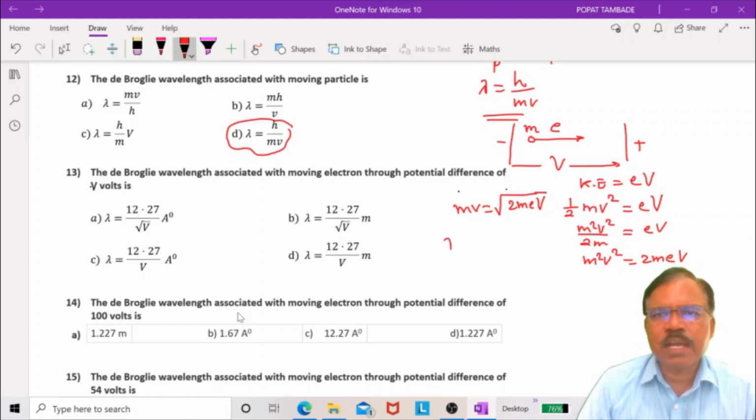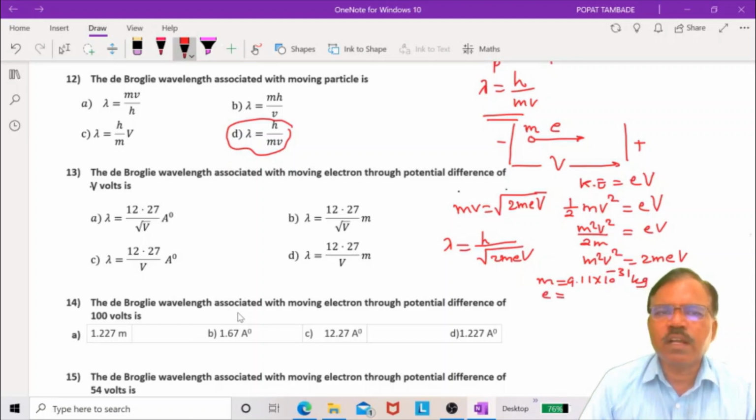So what is lambda? Lambda we get h upon root of 2m eV, and we know mass of electron is 9.11 into 10 raised to minus 31 kg. Charge on electron is 1.6 into 10 raised to minus 19.